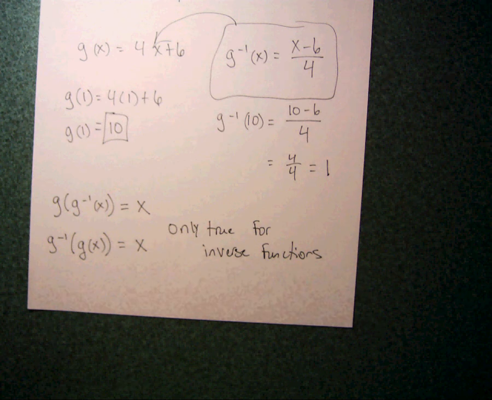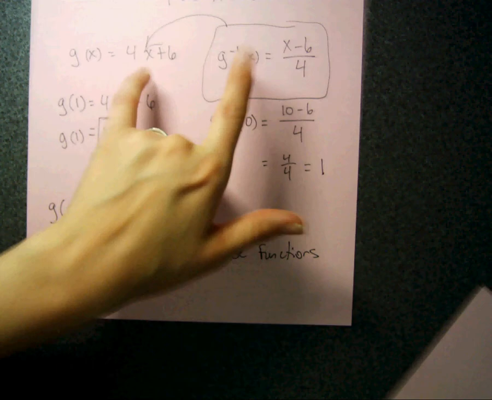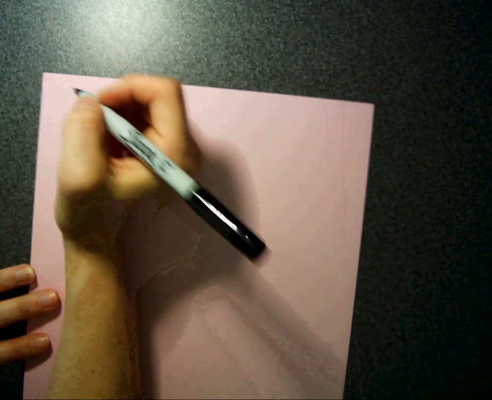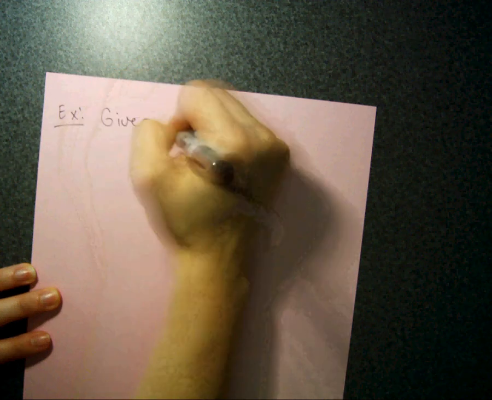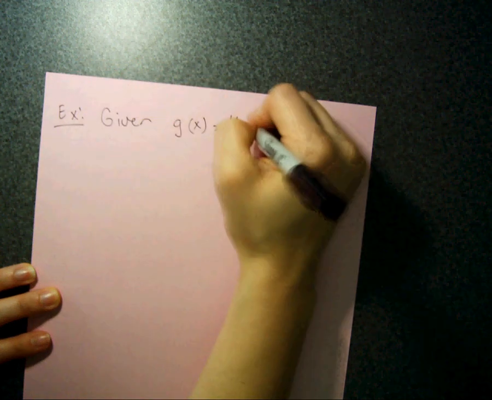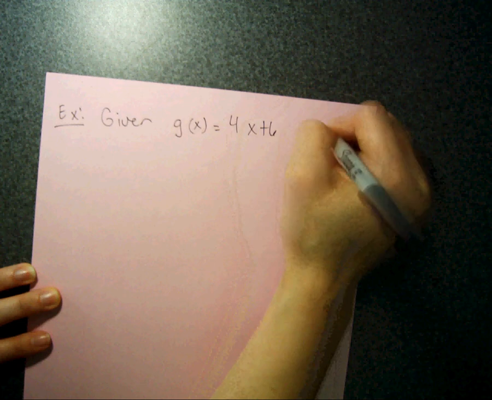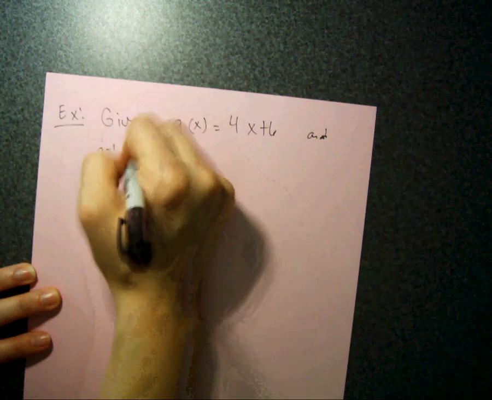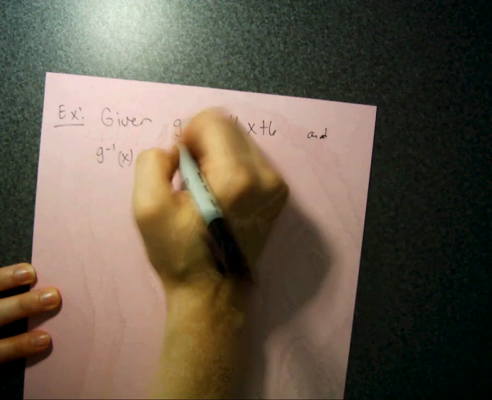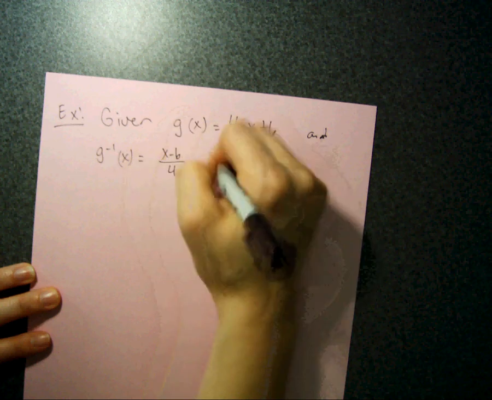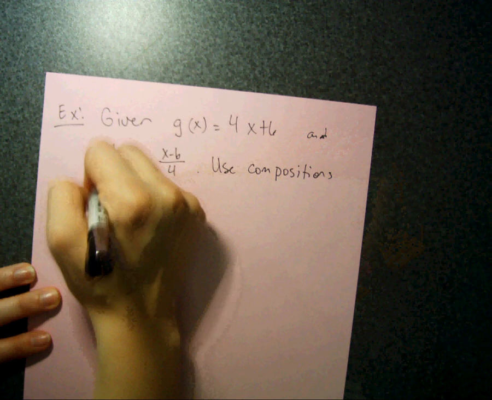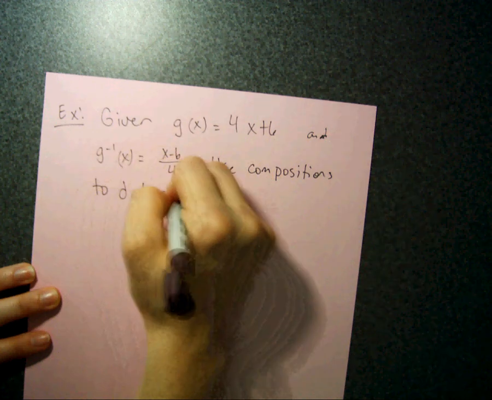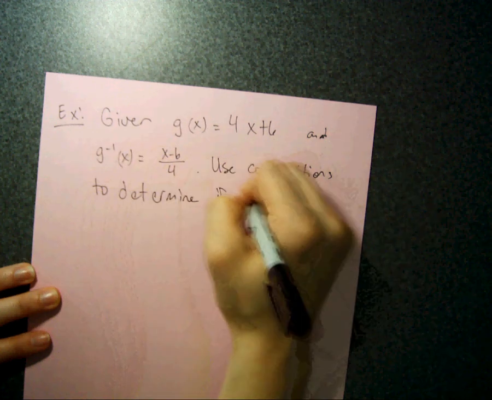Okay, so let's try it. We already know these are inverses, but we're going to try it using this example. So I'm given g of x equals 4x plus 6, and we already know they're inverses, so I'll say g inverse equals x minus 6 over 4, and I want to use compositions to determine if they are inverses.